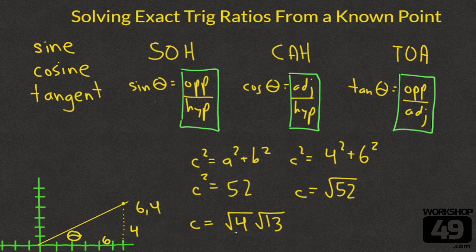But we can solve the square root of 4, and we're going to get c equals 2 root 13. Really, these solving exact trig ratios are just an exercise in can you simplify. So we're going to fill in this hypotenuse right now. It is 2 root 13, and now it's time to solve the three trig ratios.